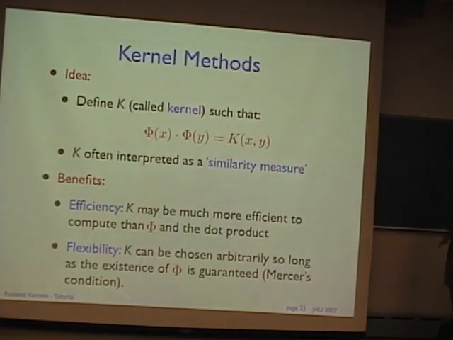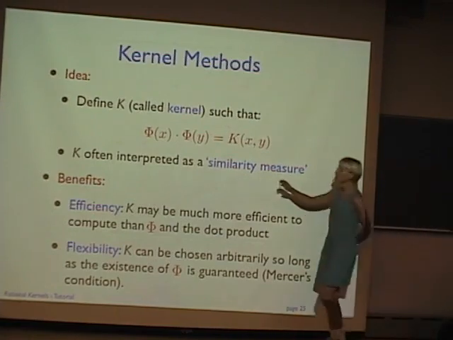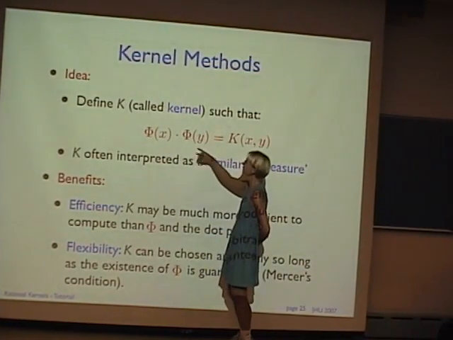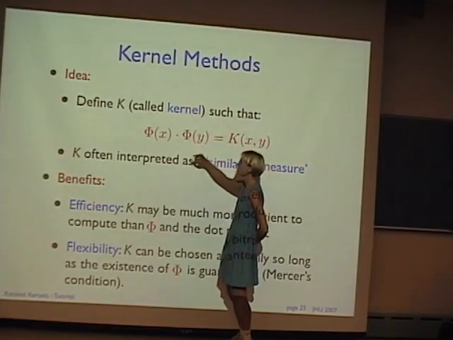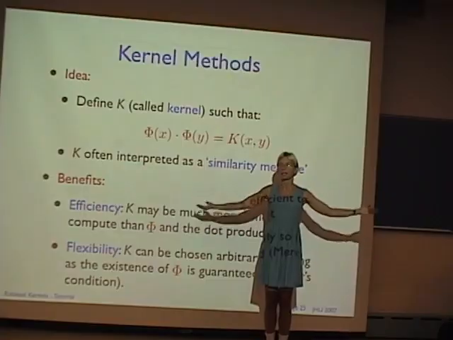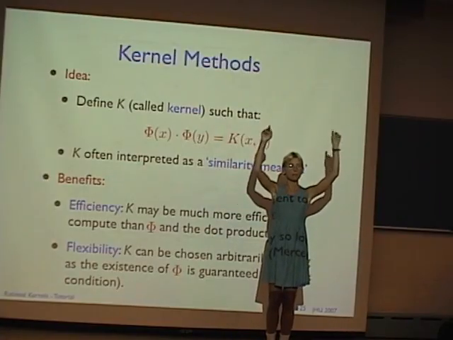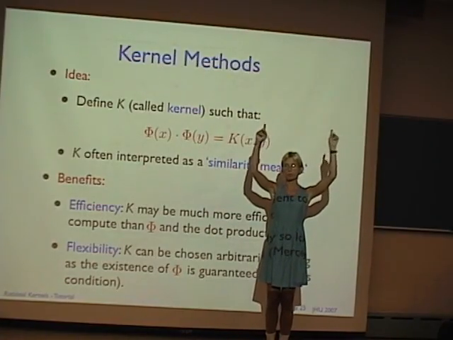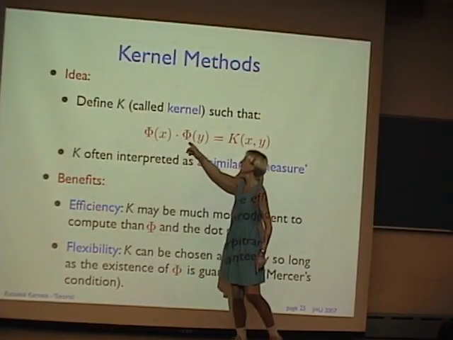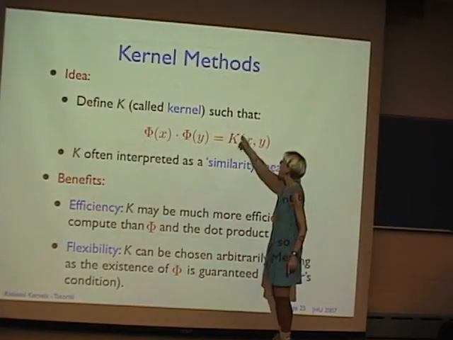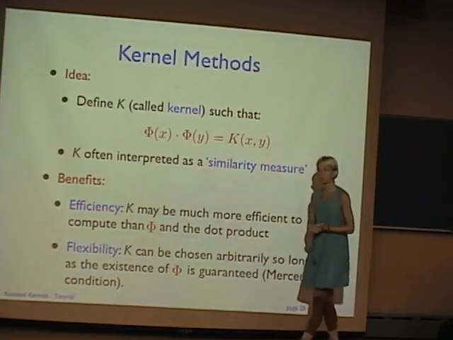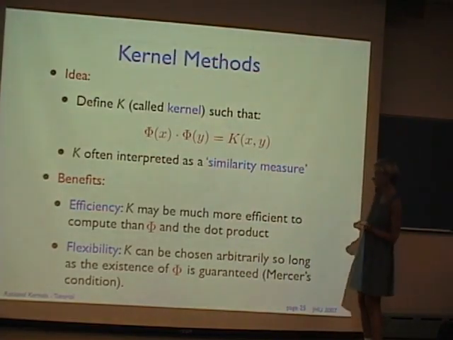So let's define a kernel. Here we have our phi of x, and do not be confused, this is called y now. This is another point. We take our nonlinear mapping phi and put them up in some high-dimensional feature space where we need to compute the inner product. We'll define a kernel K if it can, in a closed form, compute the inner product between two vectors out in this high-dimensional space.